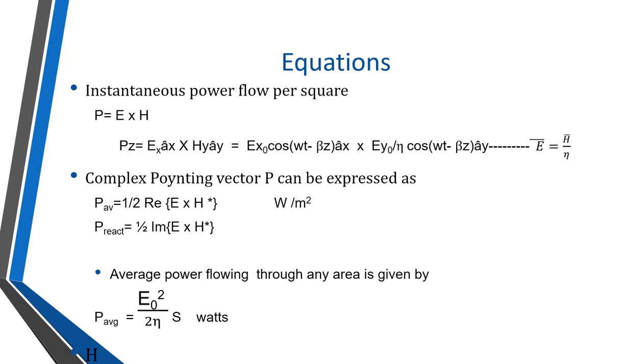In terms of e raised to j something, we can also express these E bar and H bar components, which means there are imaginary terms. So we can consider the imaginary part and real part for power also. P average is given by one half of the real part of E cross H bar.